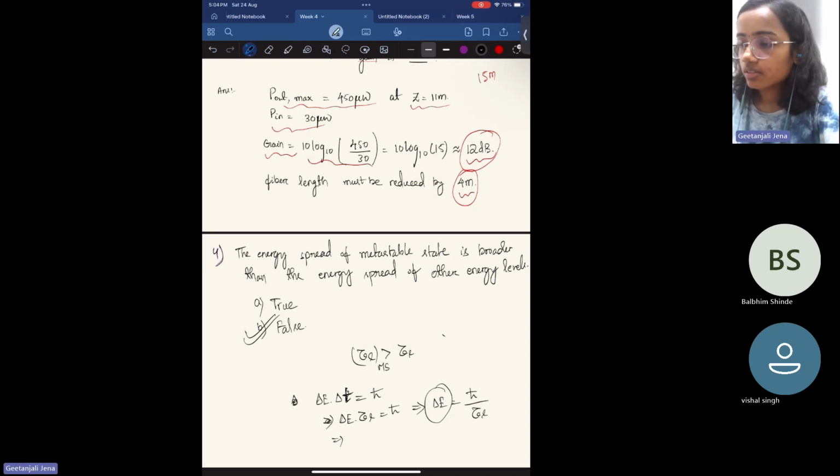Screen is not visible. So okay, so the screen is freezed now, I think. Okay, so let me reconnect then. Please wait for 1 minute.